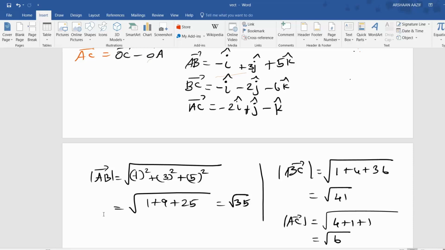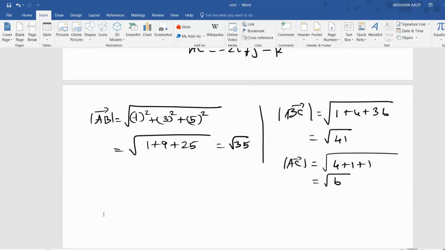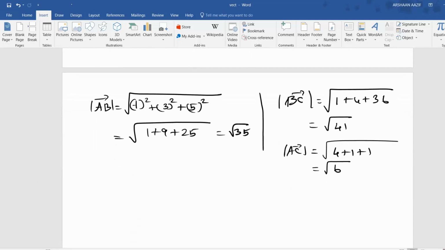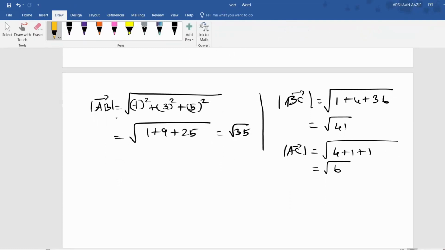Now I have to check whether the squares of any two sides add up to the third side's square, so that I can confirm that this is a right angle triangle. For example, root 35 the whole square plus root 6 the whole square will be 35 plus 6, which is 41, which is actually the square of BC.